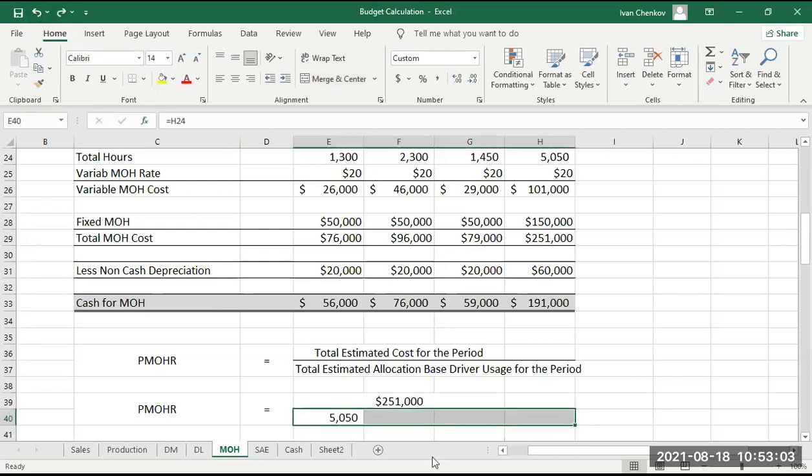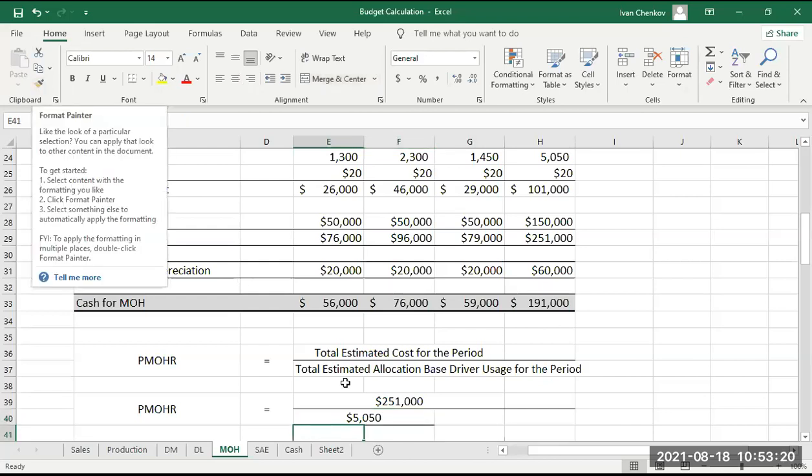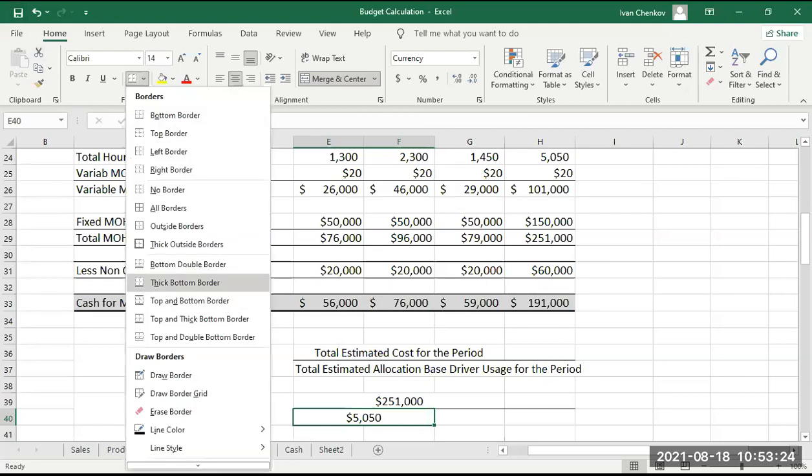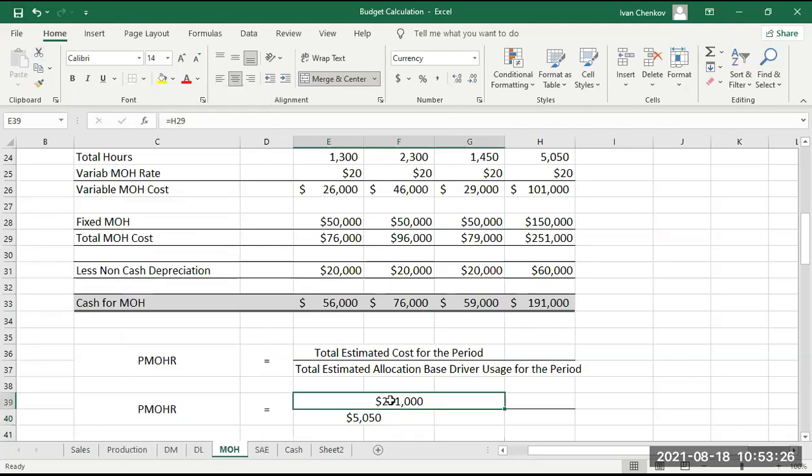Once I have those two, I can easily get the predetermined manufacturing overhead, correct?